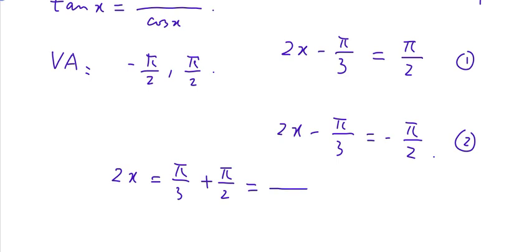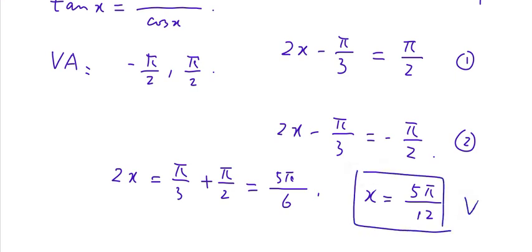We add them together with common denominator 6. So I think the numerator is 5 pi, right? So we say x equals 5 pi over 12. So this is one of the vertical asymptotes.